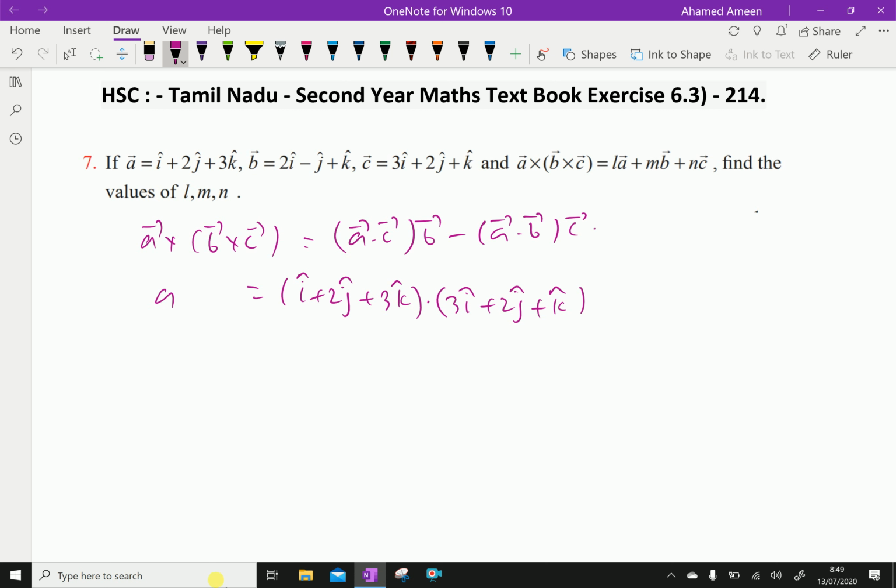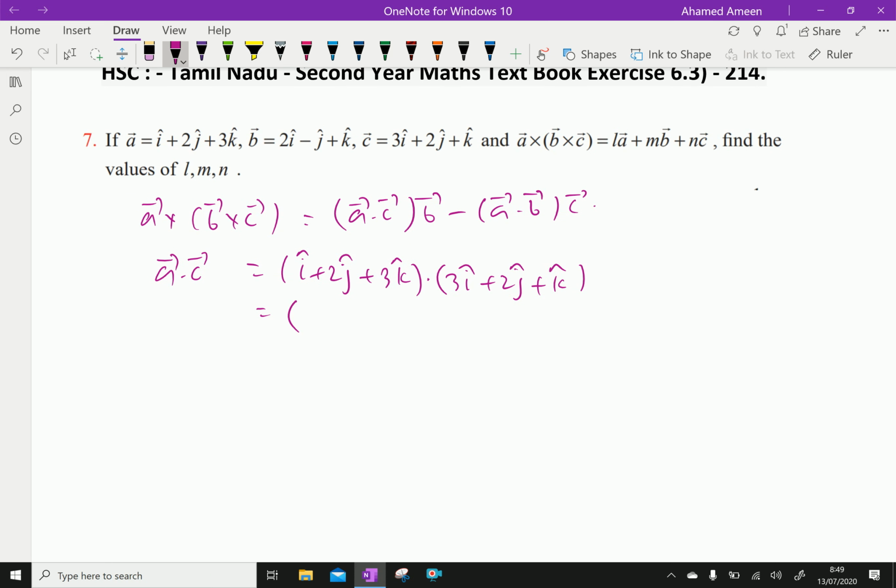First we'll find A dot C, equal to the multiplication of the respective coefficients: 1 into 3, 2 into 2, plus 3 into 1. So 3 plus 4 plus 3 is 10. We got A dot C is 10.